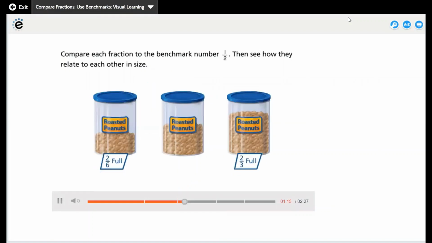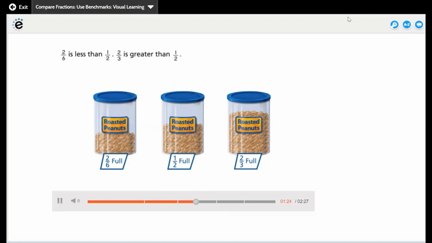Compare each fraction to the benchmark number 1/2. Then see how they relate to each other in size. 2/6 is less than 1/2. 2/3 is greater than 1/2.